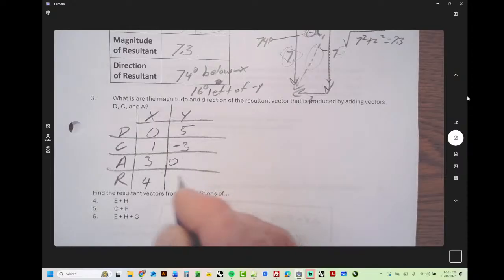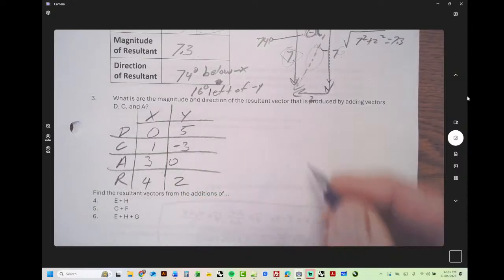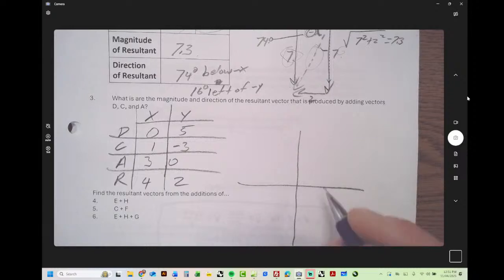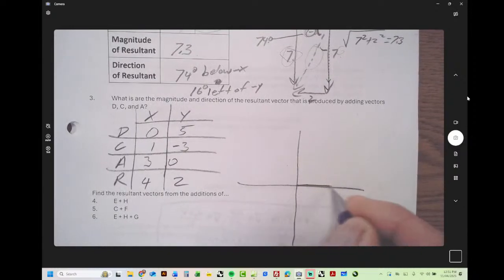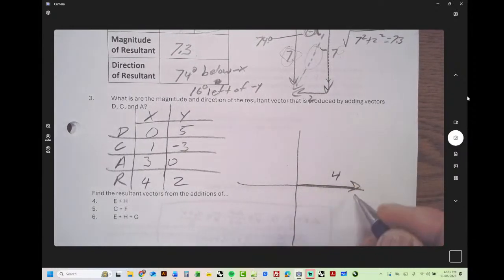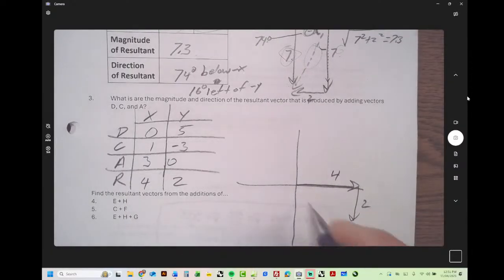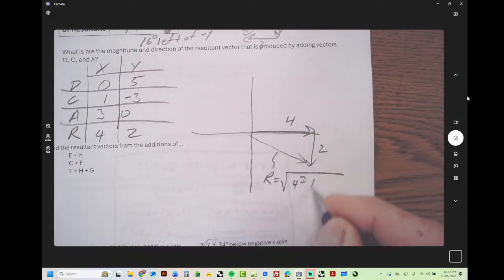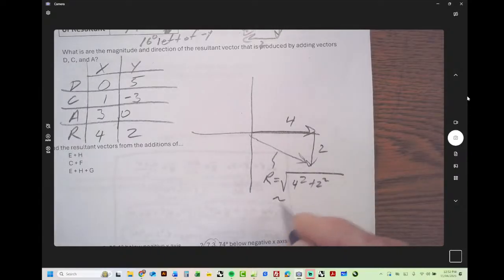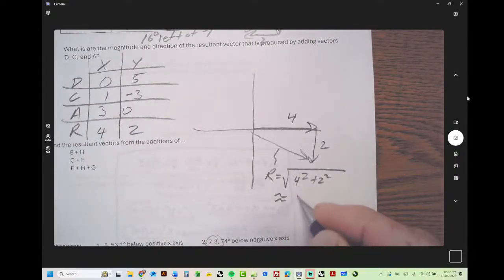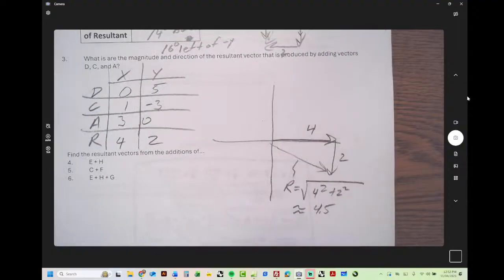And when you add up the Y components, you get 2. And if I go over 4 and down 2, then the resultant there is the square root of 4 squared plus 2 squared, which is somewhere around 4.5. So that's the magnitude.